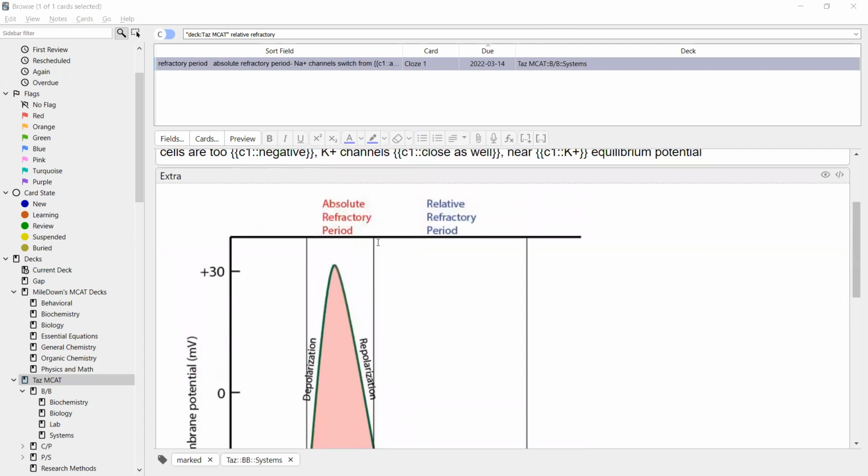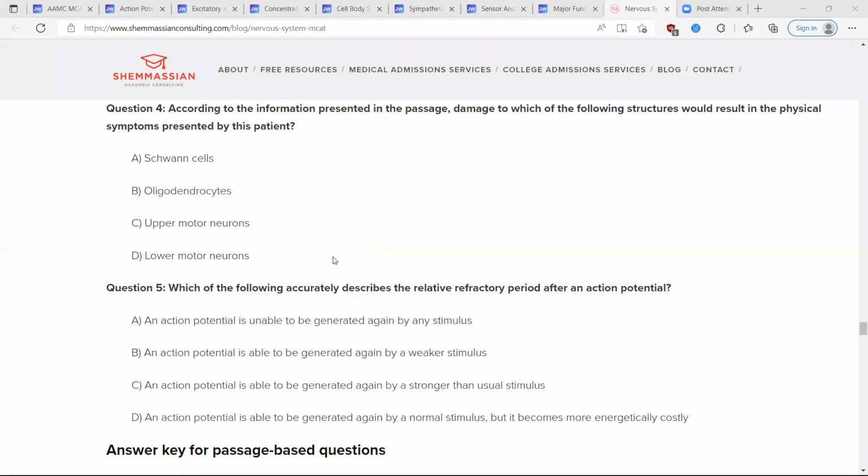So if there's a relative refractory period, then there's also an absolute refractory period. And the absolute refractory period is when an action potential is unable to be generated by any stimulus. So this is referring to absolute refractory, not relative, right? So now when we come to relative, we have to determine it is being able to generate, but under what conditions.